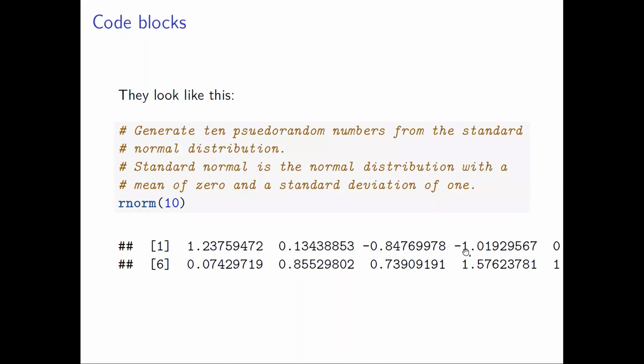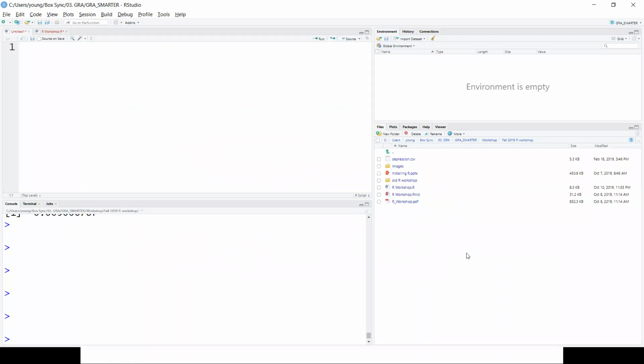Okay, let's go to R. For the R script, there is something I want to mention before I start to write some code. There is an easy way to comment in the R script.